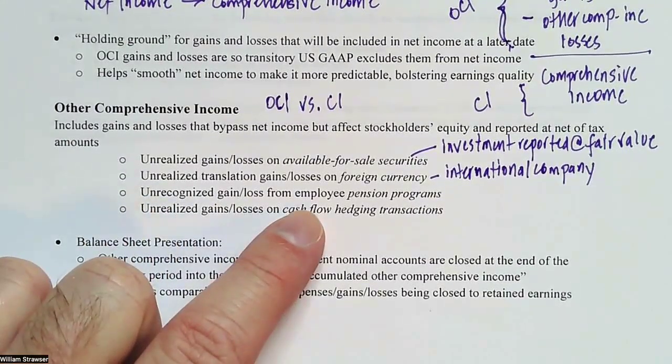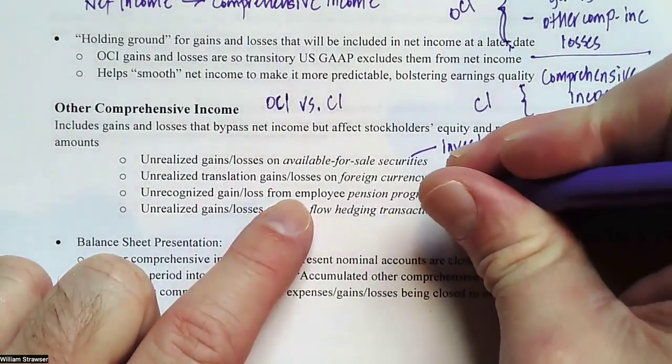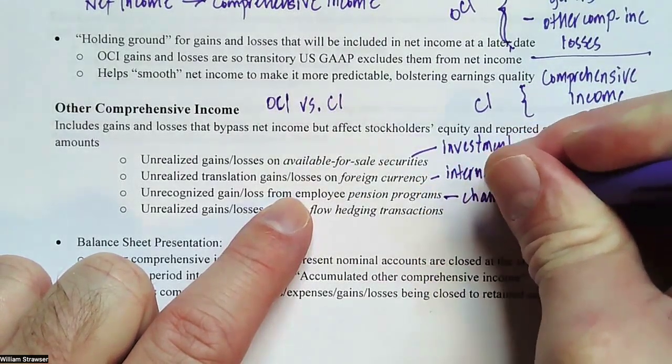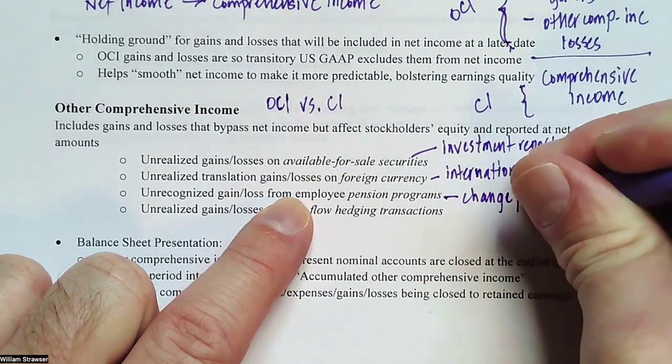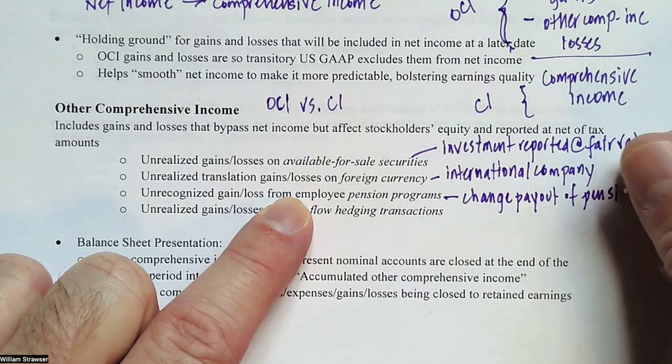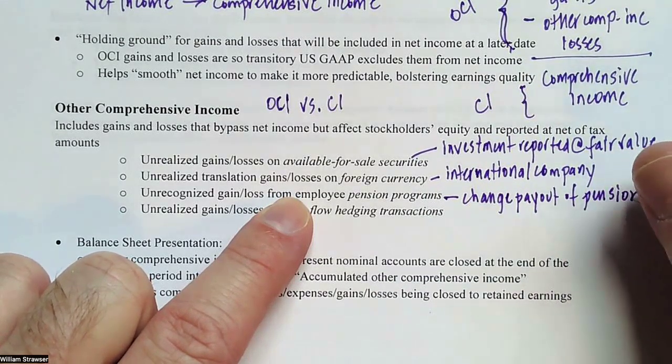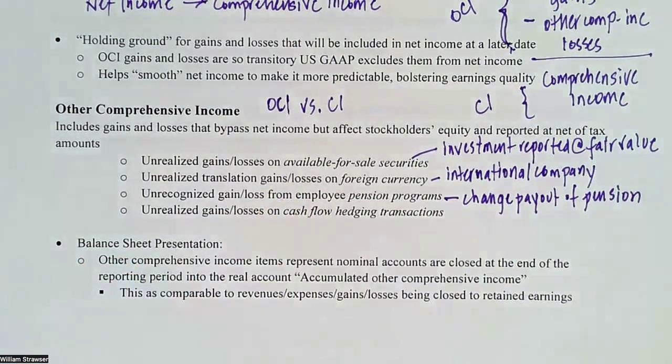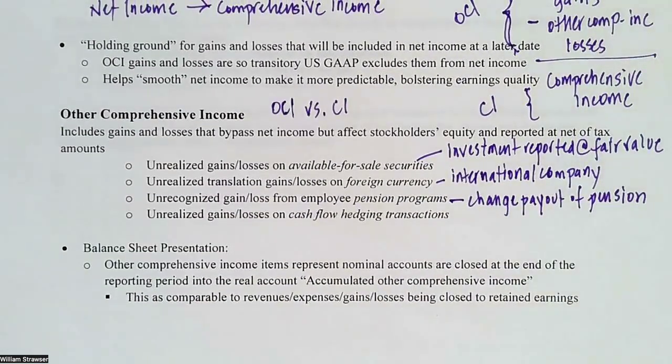Unrecognized gain or loss from employee pension programs. Sometimes this is when we change our pension programs, change the payout of pension programs predominantly. When our employees retire, they either get more check or less check. This one isn't so much that it's going to keep changing value as when the benefits of our retired employees change, it is a huge loss typically because they're increasing benefits.